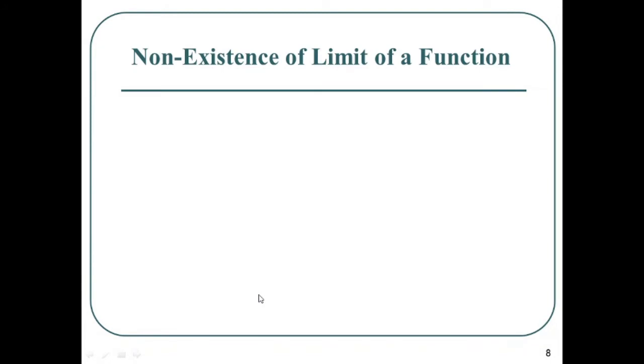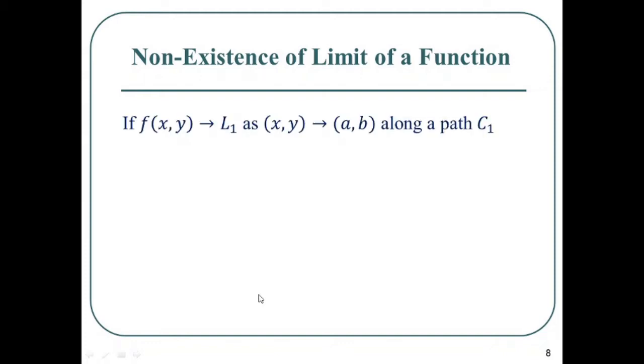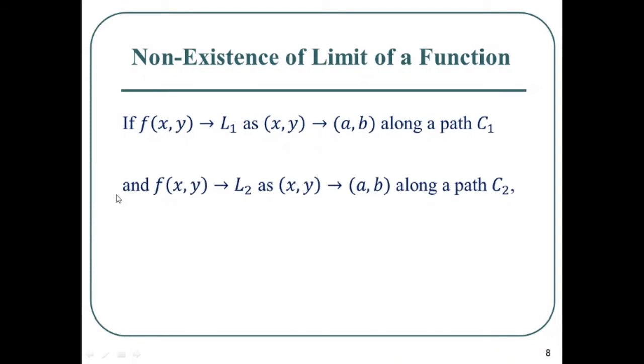Non-existence of limit of a function. We can say that the limit of a function does not exist if the function f(x, y) approaches L1 as (x, y) approaches (a, b) along some path C1, and the same function f(x, y) approaches L2 as (x, y) approaches (a, b), with the same limiting process, along another path C2, where these two values of limits L1 and L2 are different.